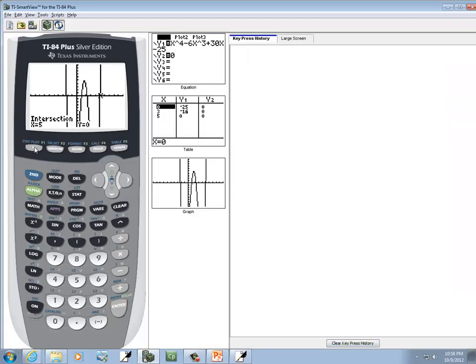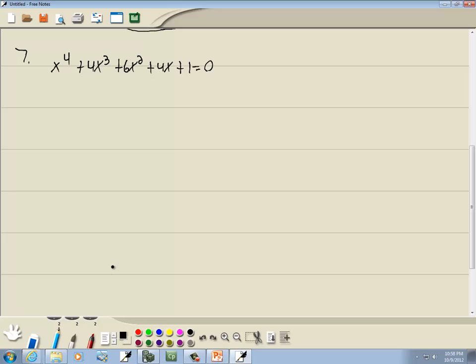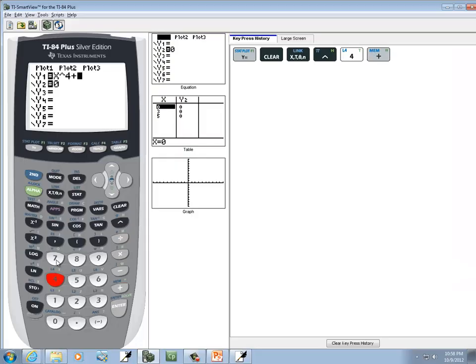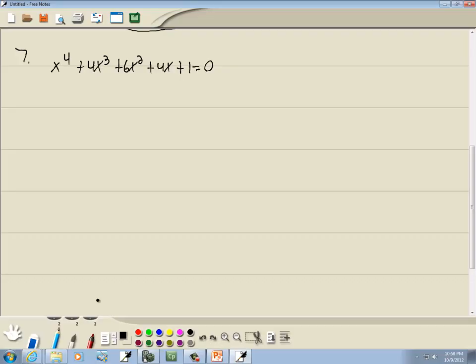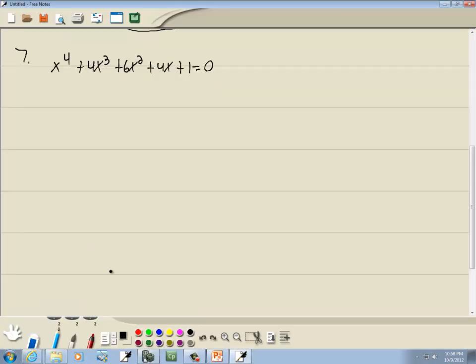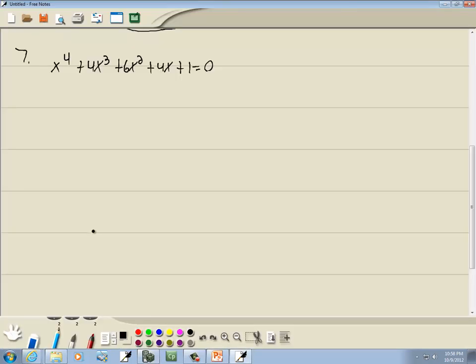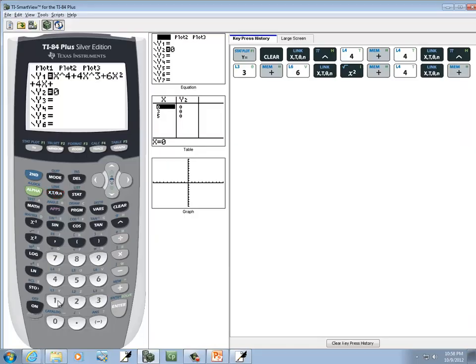So press y equals, clear, x caret 4 plus 4x to the third plus 6x squared plus 4x plus 1. And we already have 0 on y2, so we're good there.